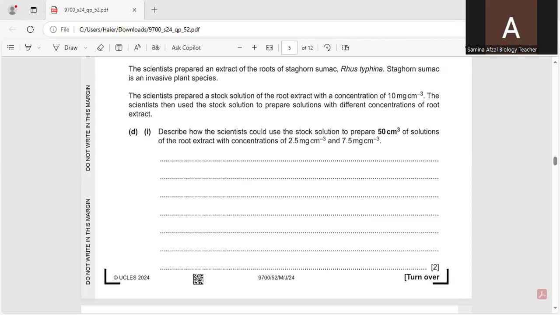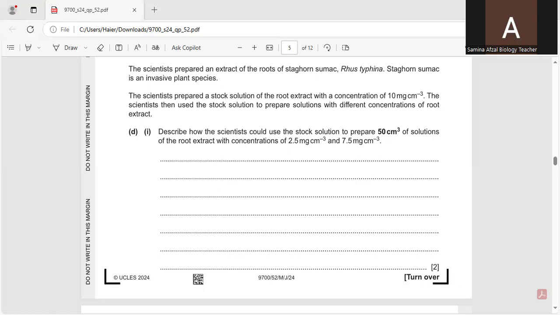The scientists then used the stock solution to prepare solutions with different concentrations of root extract. Describe how the scientists could use the stock solution to prepare 50 cm³ of solutions of the root extract with concentrations of 2.5 mg/cm³ and 7.5 mg/cm³.